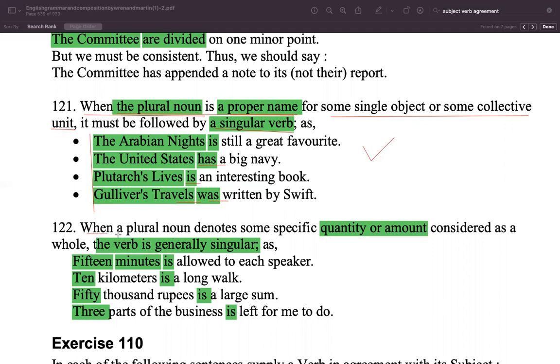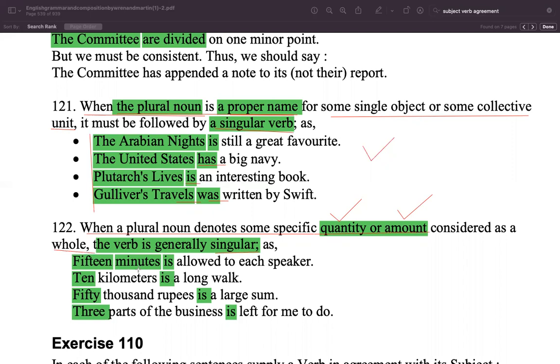Next stage, when a plural noun denotes some specific quantity or amount considered as a whole, the verb is generally singular. How?